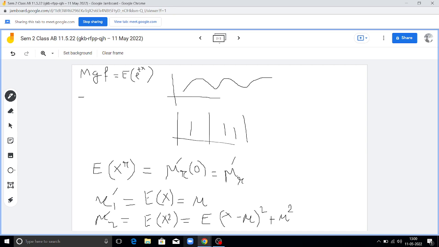Here will be a plus. So expectation of x square equals expectation x minus mu whole square plus mu square.